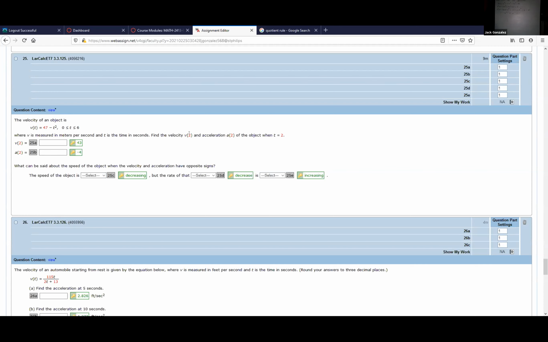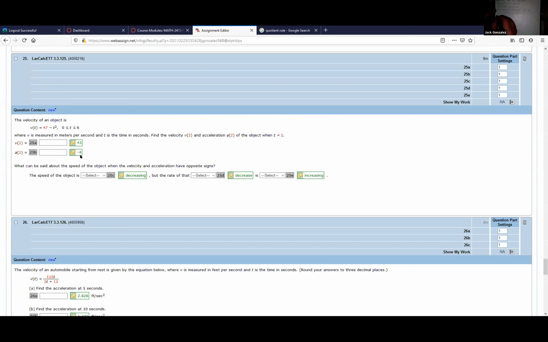So the first one is no big deal. Velocity at 2 seconds means plug in 2. So 47 minus 2 squared, 43, right? Now, acceleration, you'd have to first take the derivative of this and then plug in 2. That's where this comes from, -4.